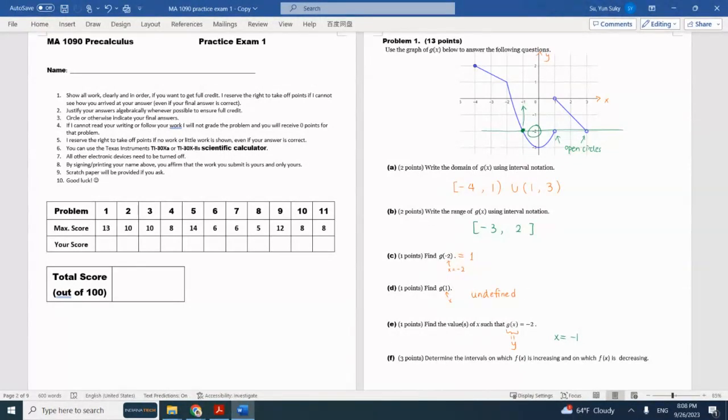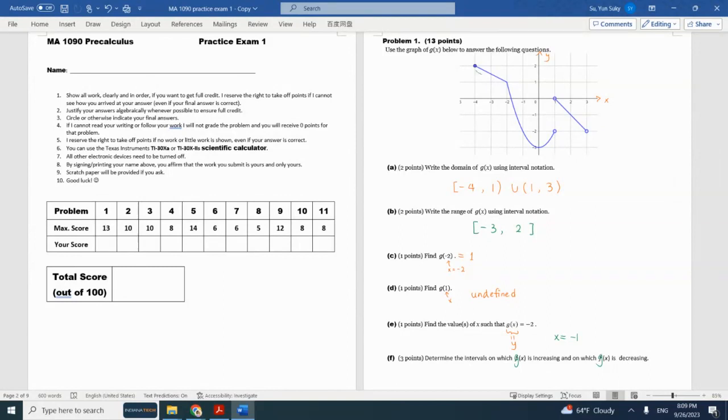Thank you. And then part F. Determine the interval on which the function is increasing and on which the function is decreasing. Oh, I should put g of x, okay, because the function is g. All right, then we look at the picture from the left to the right, okay? So start from -4 and 2.